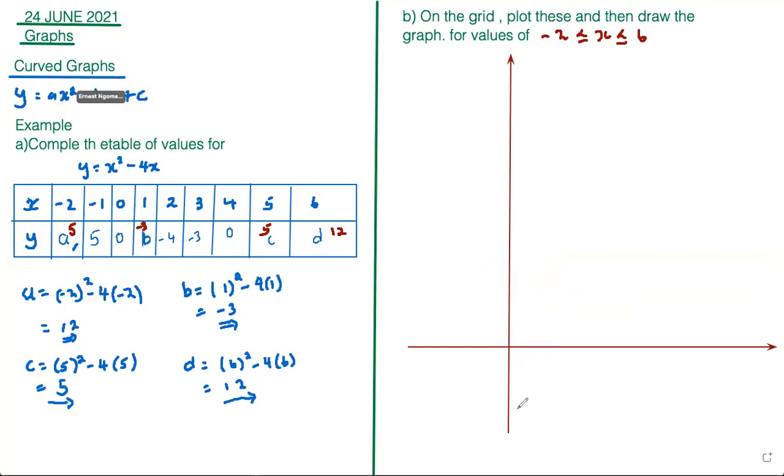But you don't have to worry about that because you are going to be given a graph that is a scale already. So we have 0 here, -1, -2. Then on that side we have 1, 2, 3, 4, 5, 6.